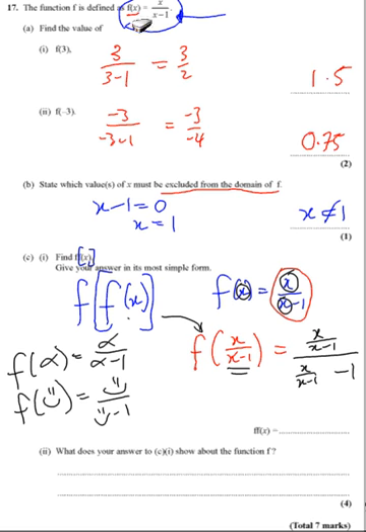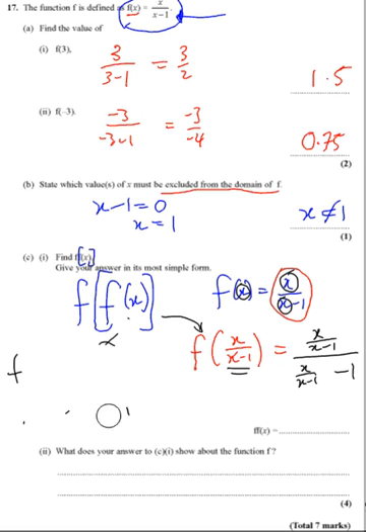Now, we're going to deal with some rather nasty fraction simplification if we're going to reduce this down to something less complicated. How do we do that? Well, there's a couple of tricks you need to know. First of all, the expression on the bottom has two terms in it. So to simplify, we have to write x over x minus 1, minus 1, as a single fraction over a common denominator.